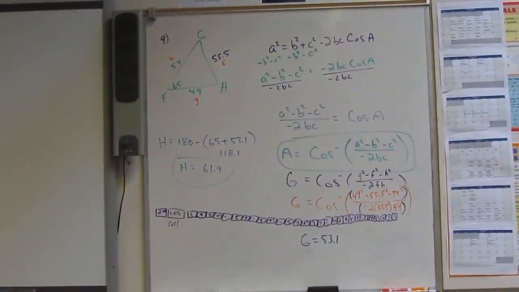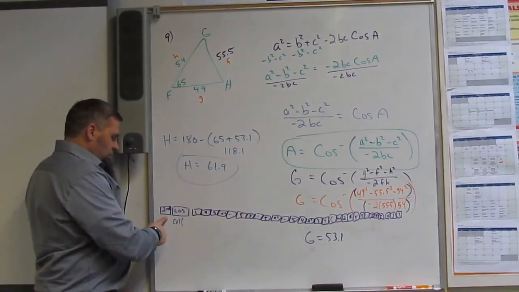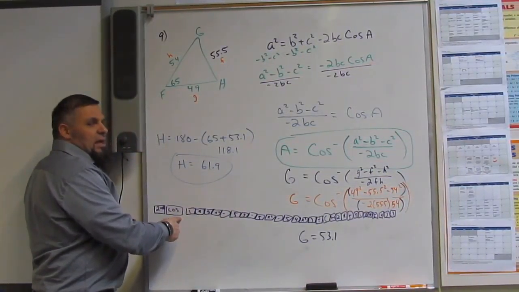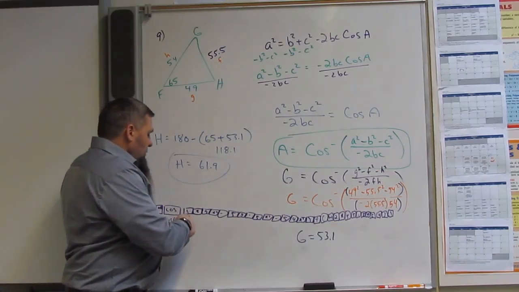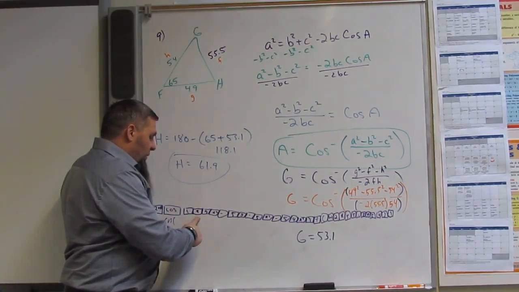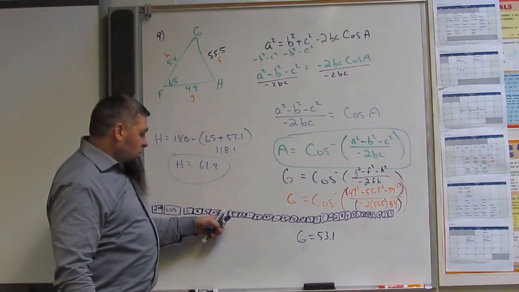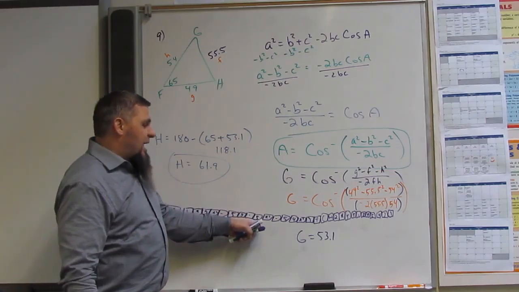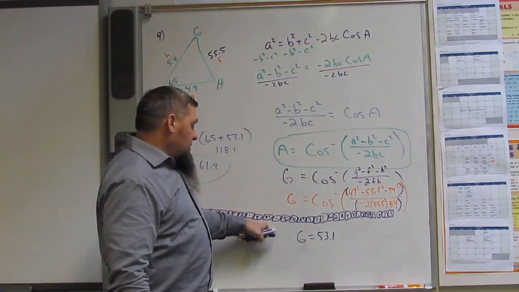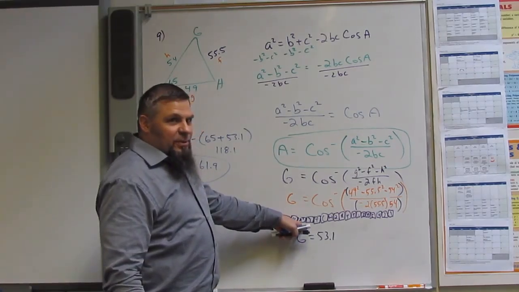And basically what happens here is we got to use the second function, cosine. That would put us in the inverse cosine. Parentheses, 4, 9, x squared minus 55.5 x squared minus 54 x squared.